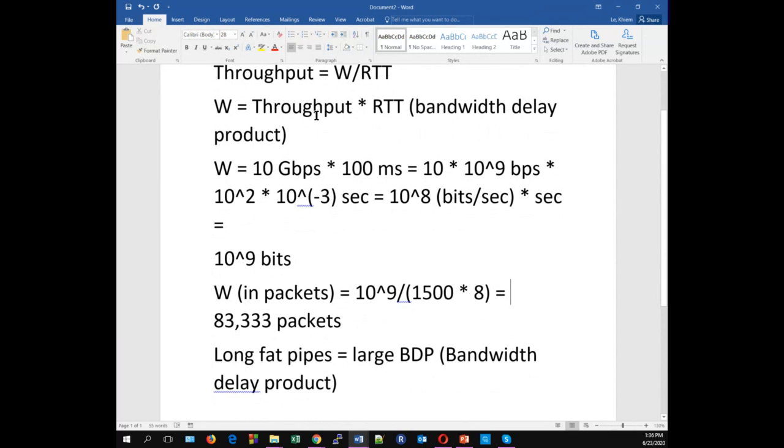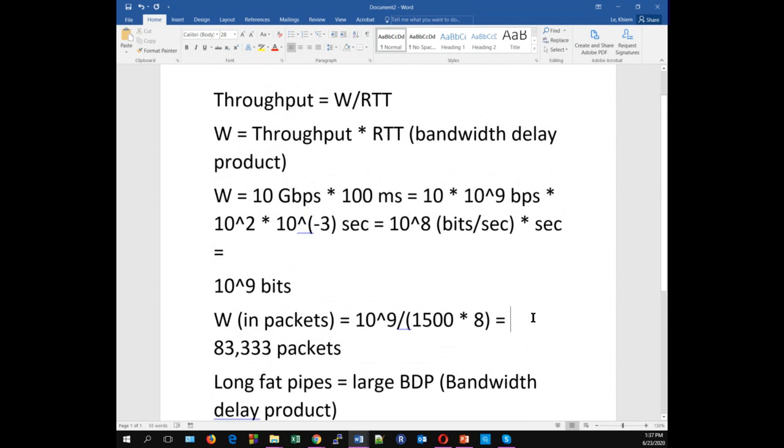Okay, so essentially what this tells us, if you want to achieve a high throughput, even with a moderate value of round trip time, you need a large window. If you want to achieve a moderate throughput, but your round trip time is large, you need a large window. If you want to achieve a high throughput when the RTT is large, you need a very large window. Any question here on the concept of the bandwidth delay product?